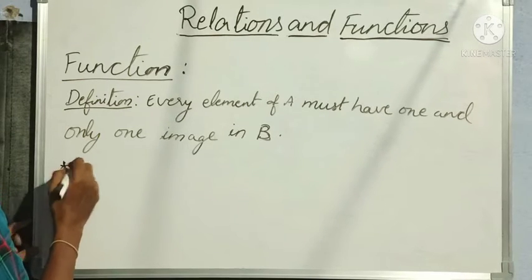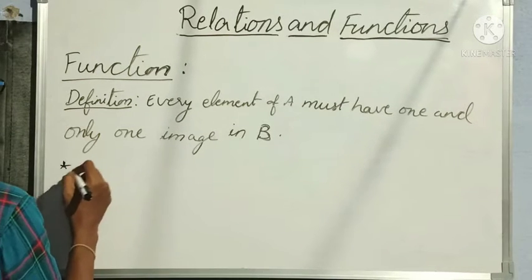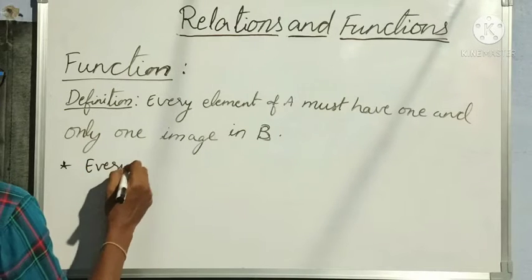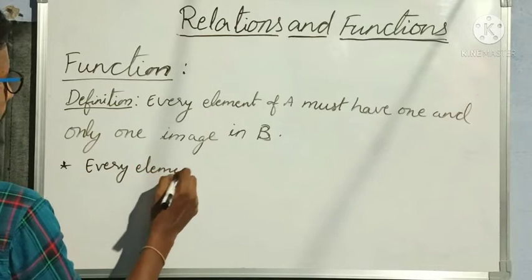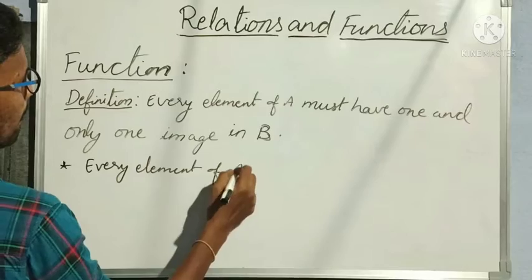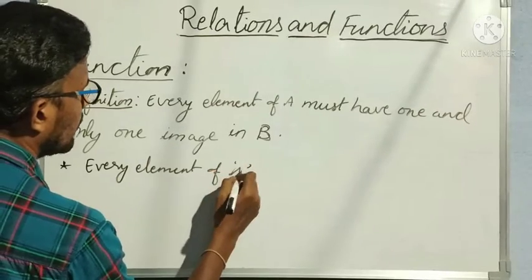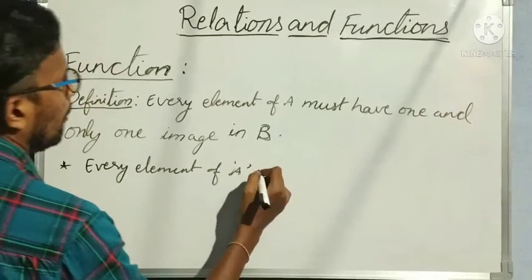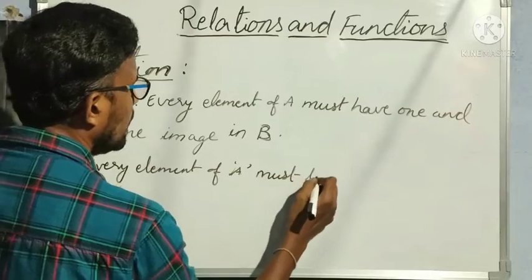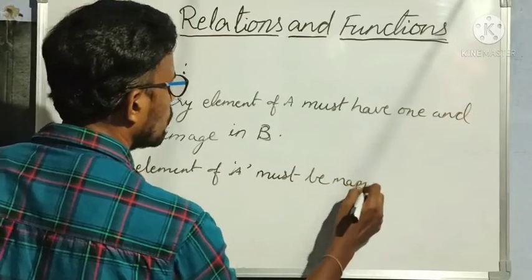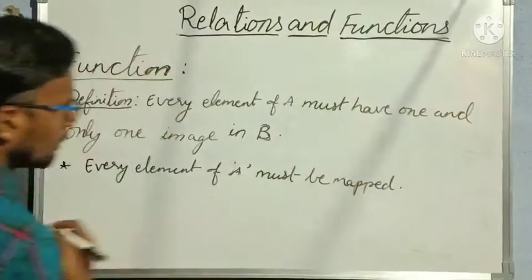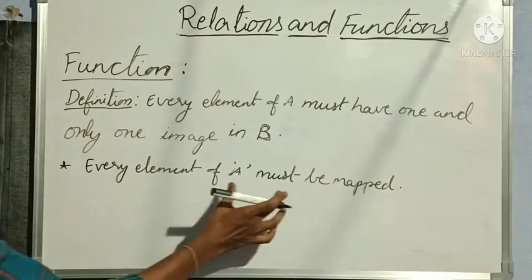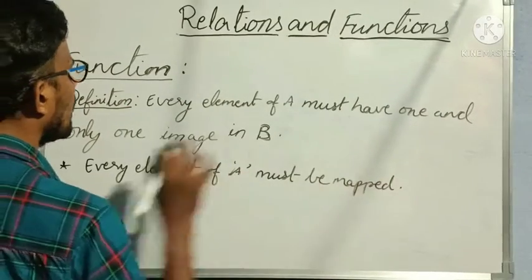So from this, we can conclude 2 points. First, every element of A, means our first set, must and should be mapped. Means no element should remain unmapped. Understood? If any element is not mapped, that is never called a function.